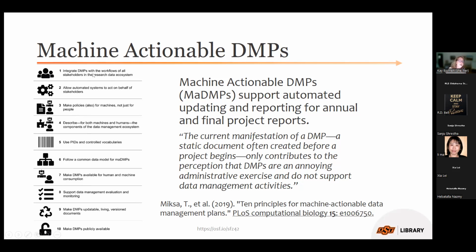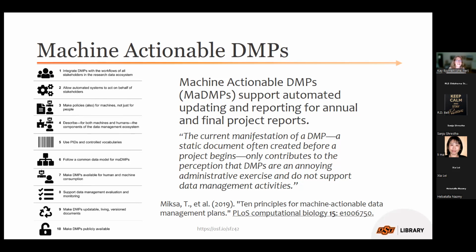So if we look over here at the steps, integrating DMPs into the workflows, which we've already mentioned, and make policies for machines, they also need to be human readable. But again, setting up policies. Now, by policies, I'm meaning things like requiring the DMPs be sent to the research office.